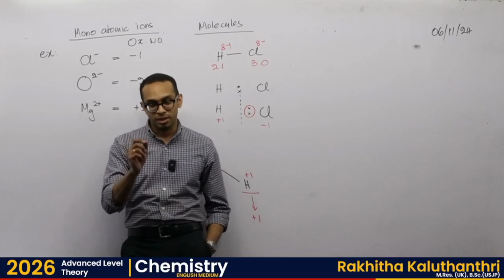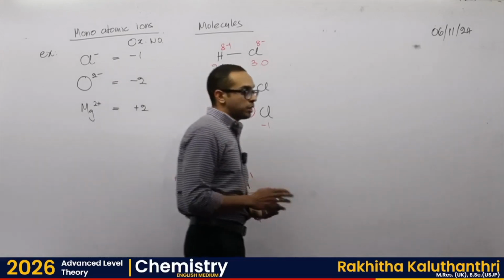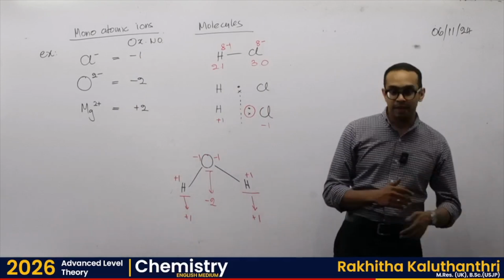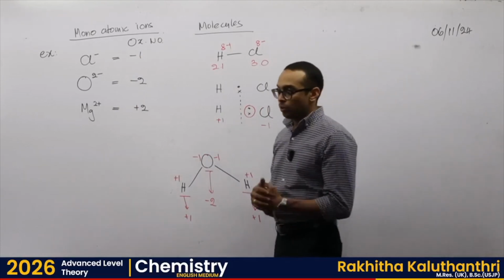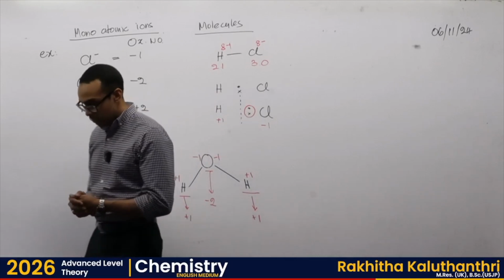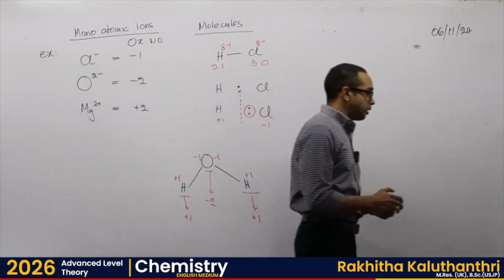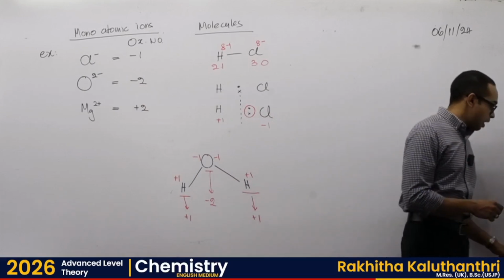Bond electrons. Can you correct that? Partial transfer of bond electrons towards the more electronegative element, when two atoms with different electronegativities are bonded together.